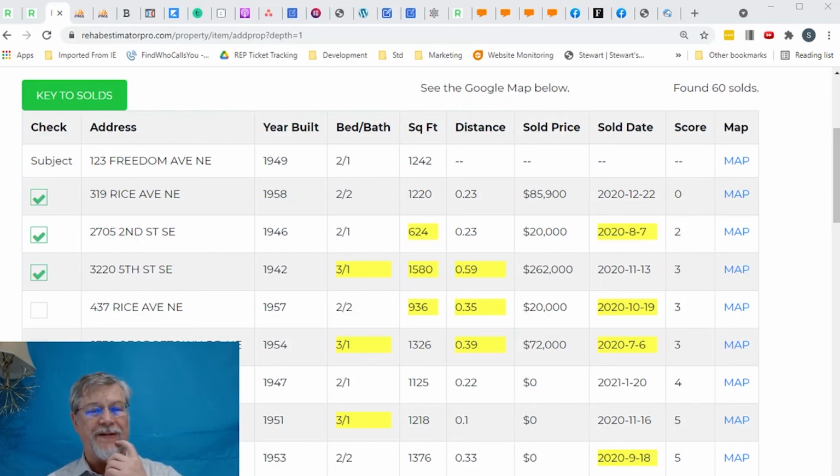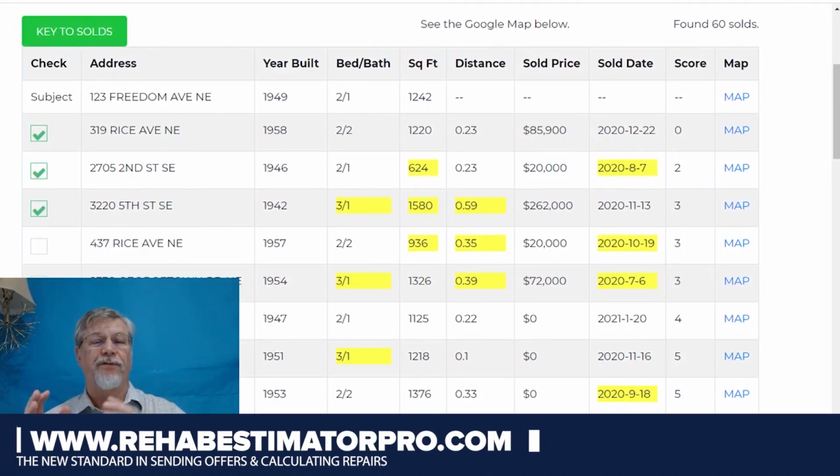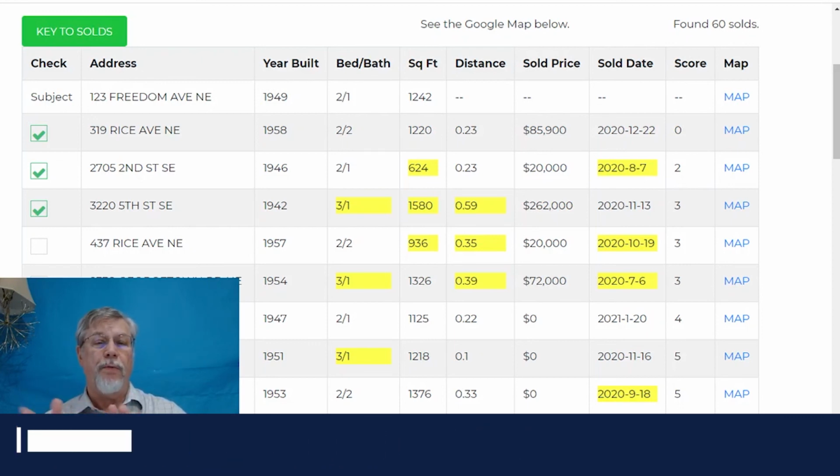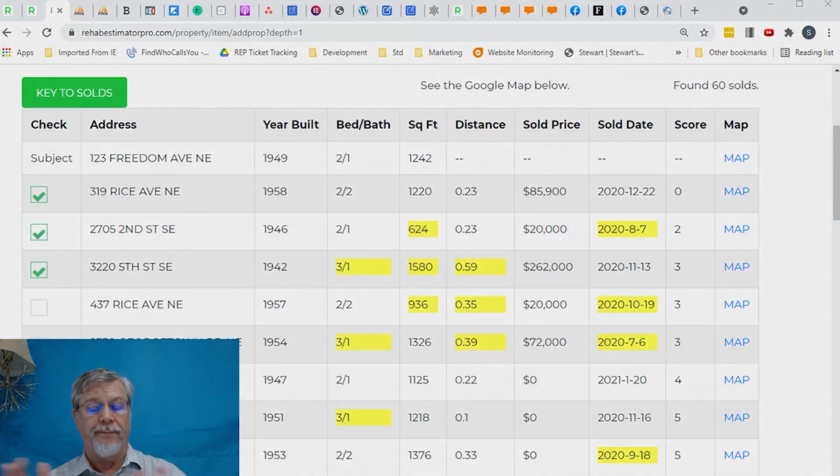Now, if you're sitting in Colorado looking at properties in Ohio, that can sometimes be a little difficult. You can get an approximation of the value of the property, but you need somebody local to actually look at the property, first to make sure that the house is still there, and to know that information about the neighborhoods. All right.